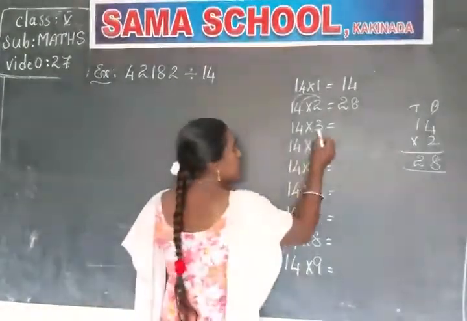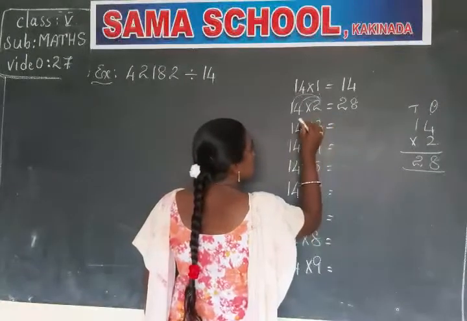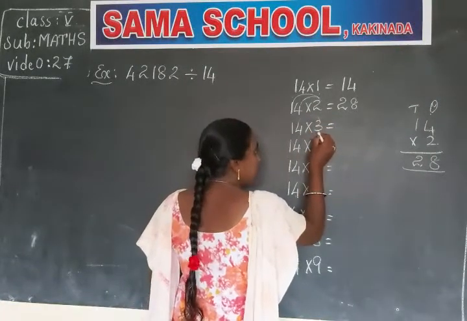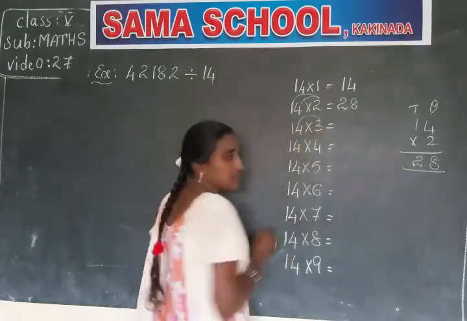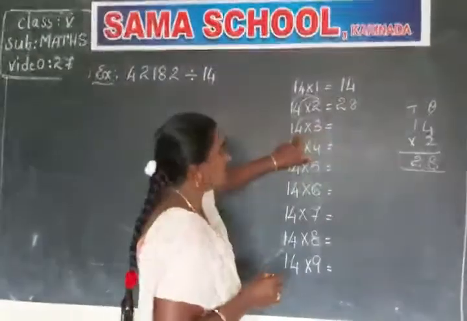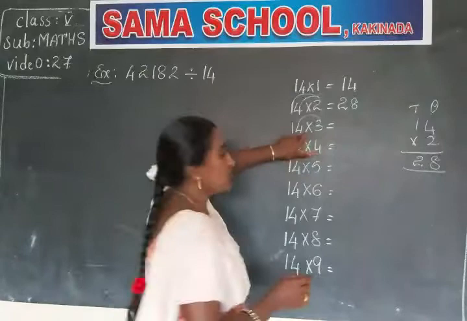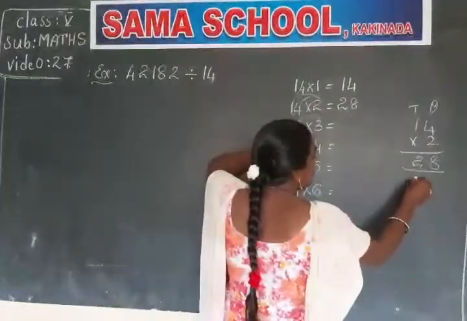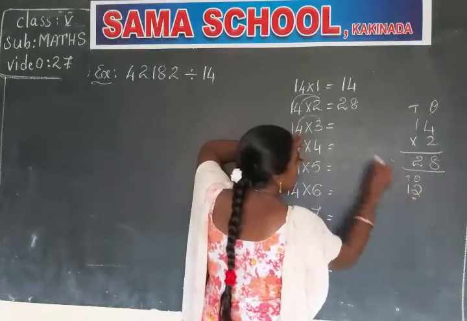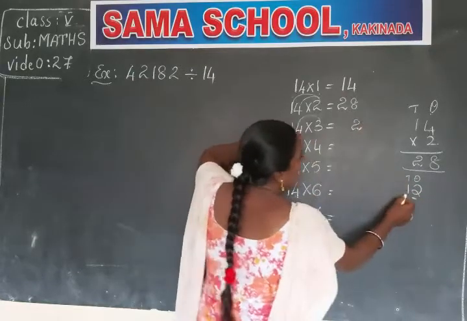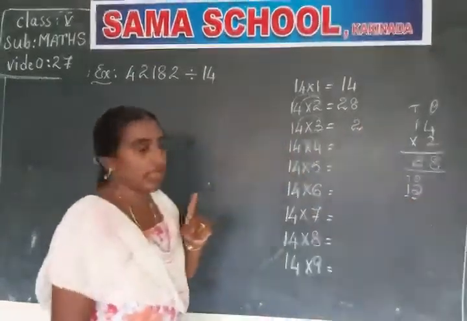See here, first which number we have to multiply? First we have to multiply this 3 by this 1's place digit. This is 1's place digit. So 3 4s are, how much 3 4s are? 12. See here, 2 is in 1's place and 1 is in 10's place. We have to write the 1's place digit here and keep this 1 in the mind. Okay?